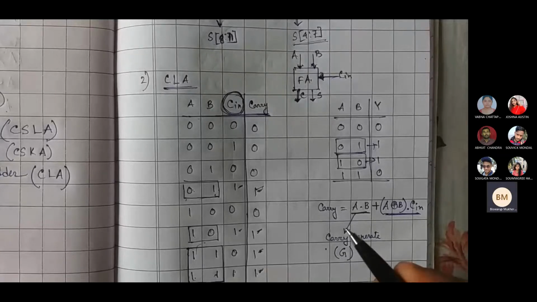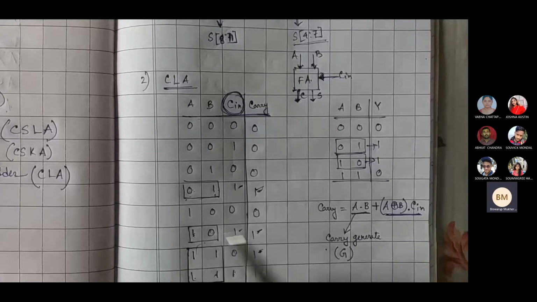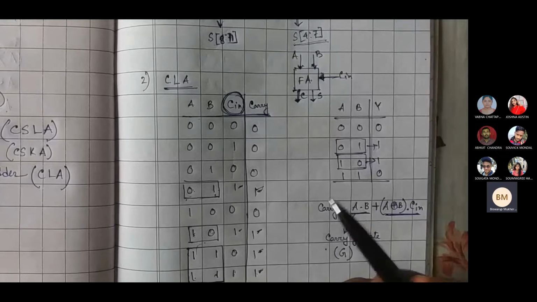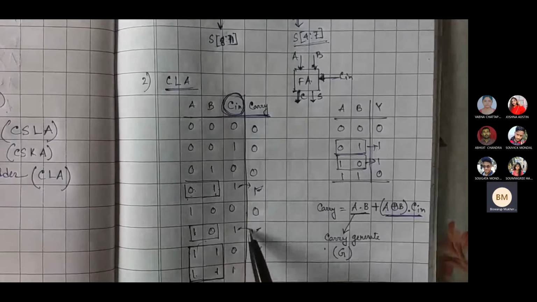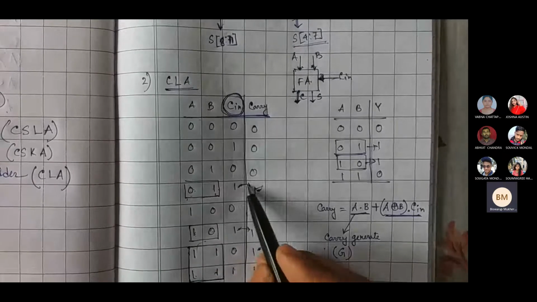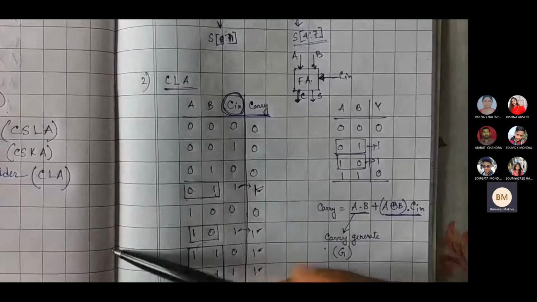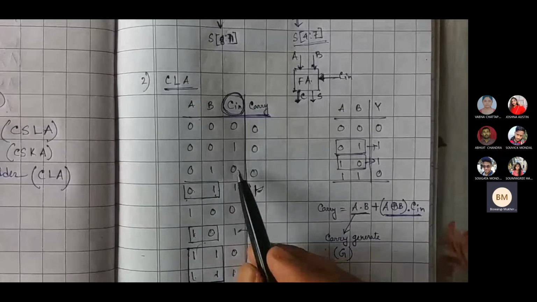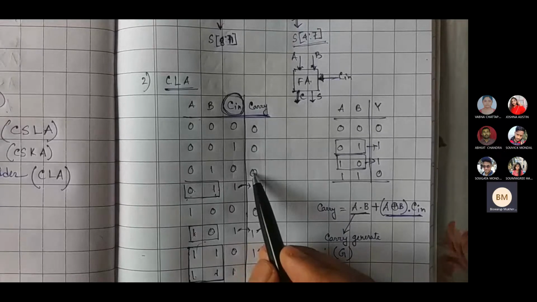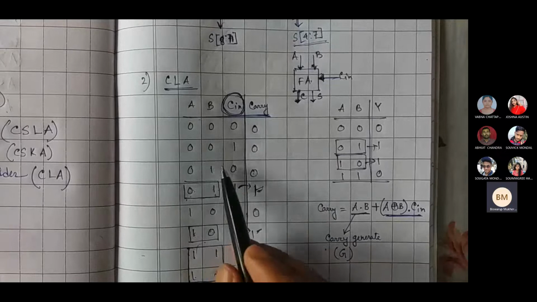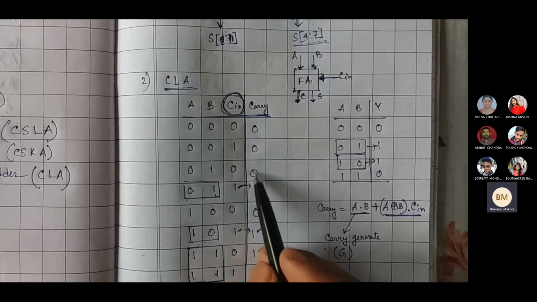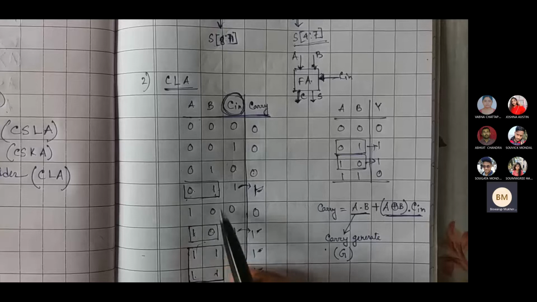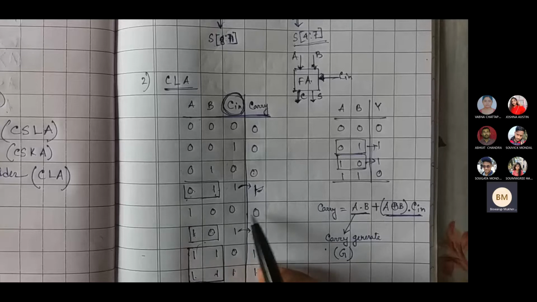And for these two cases, if A and B are different in nature, then the carry input is actually propagating towards the output. If carry input is 1, output carry is also 1. If carry input is 0, output carry is also 0. You can see right over here, A and B different, carry input 0, output carry 0.